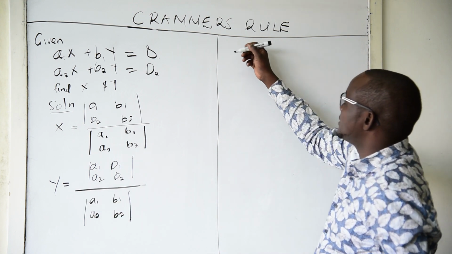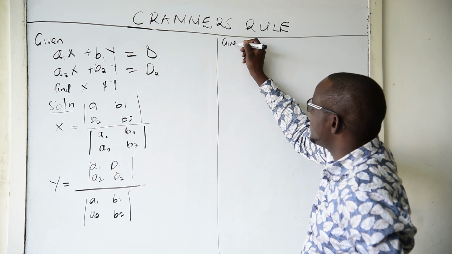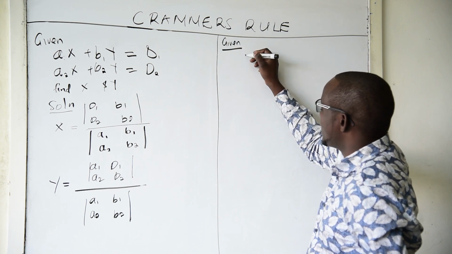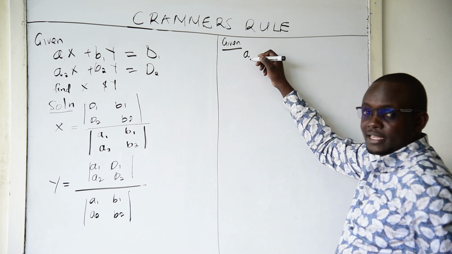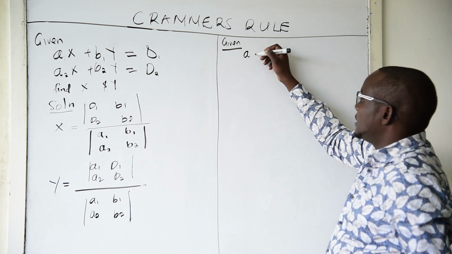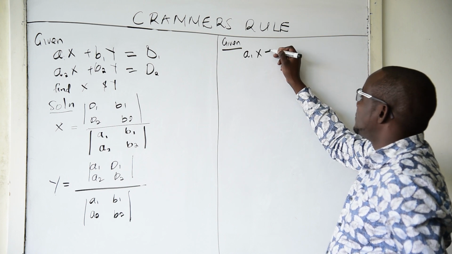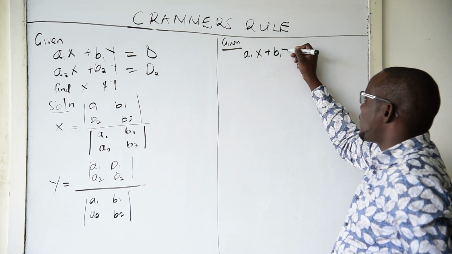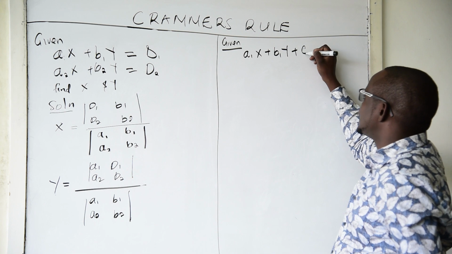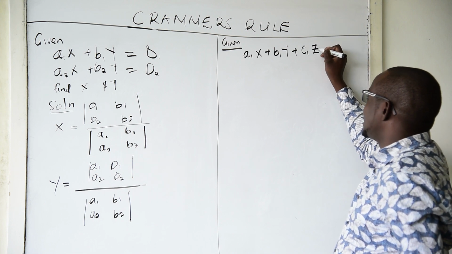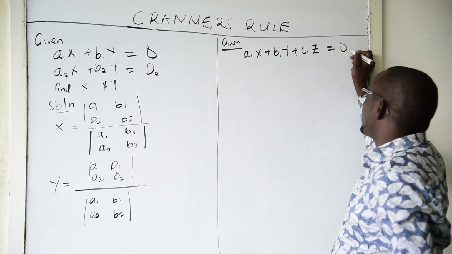If it is a 3 by 3 matrix, for instance, you can be given a 3 simultaneous equation, which we have A1 x plus B1 y plus C1 z equals D1.